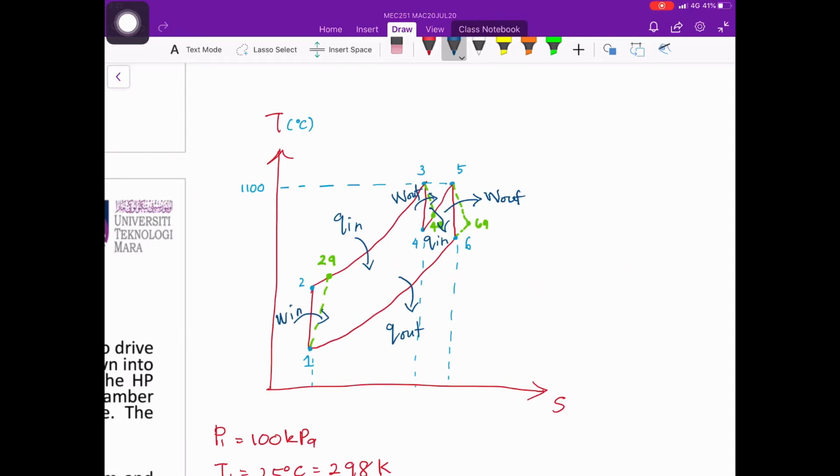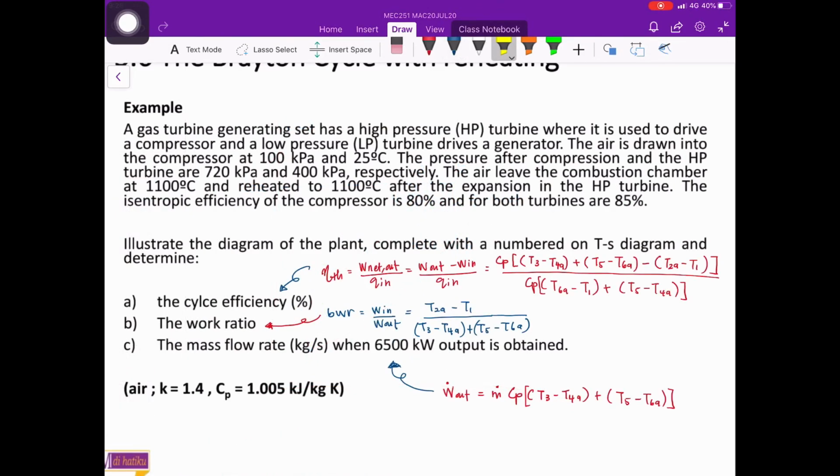Q out. To determine the cycle efficiency, we are going to use thermal efficiency is equal to work net out divided by Q in, and we are going to obtain this expression. The work ratio can be determined by using the formula of back work ratio is equal to work in divided by work out.